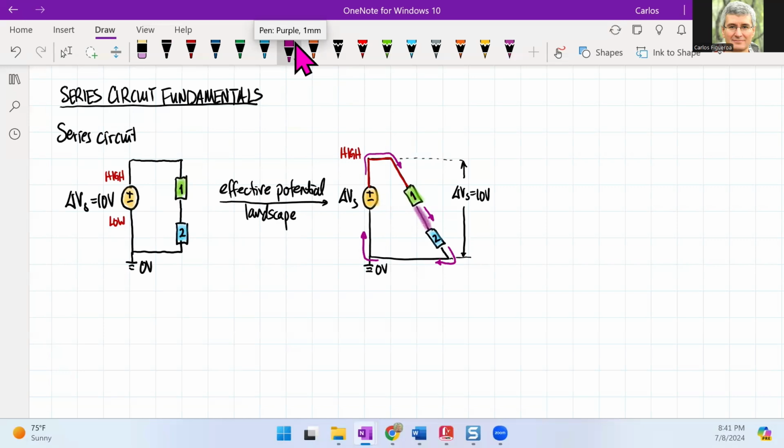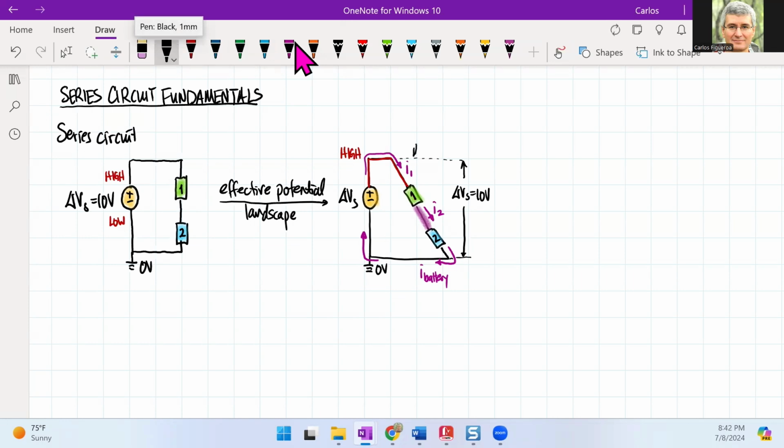So in this situation, I'm going to call this current 1 because that's what's going to enter 1. And then this guy is going to be current 2 because that's going to enter this. And then if I follow the current all the way around, I'm going to say that this current is the current of the battery. And so that tells me that that's what's going to enter the bottom of the battery here.